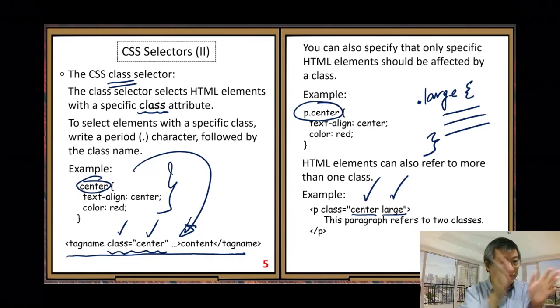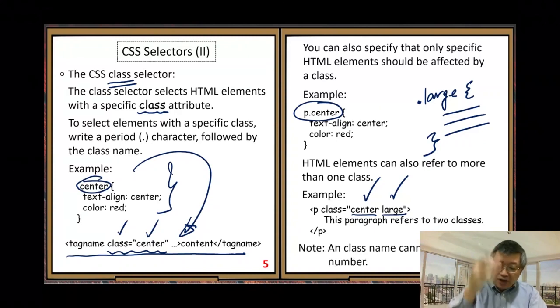You have to put a space between two different classes. Then class 2. If we have 3, another space, class 3, and so on. Note, a class name cannot start with a number. Similar to the ID value, you cannot start with a number.